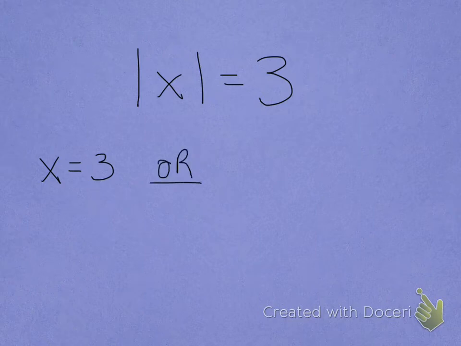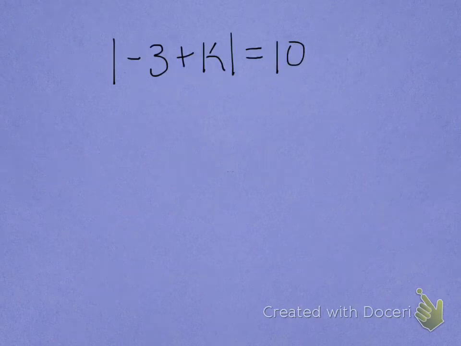Or we must also consider that x could be equal to a negative 3, because negative 3 is still 3 units away on the number line. So when we are solving absolute value equations, there are two distinct possible solutions for every absolute value equation. Every time you do an absolute value equation, it will result in two different solutions.